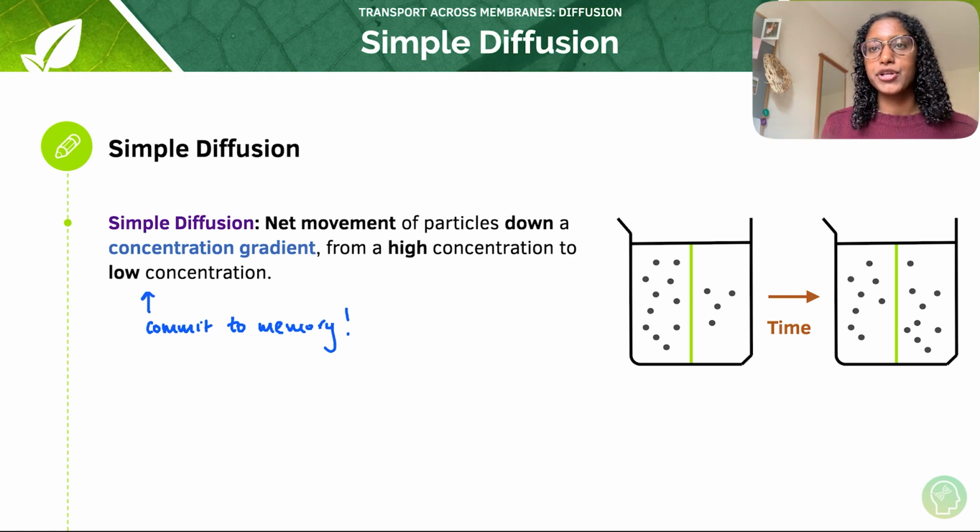So let's start by having a look at this concentration gradient thing. So let's have a look at this beaker that we have. This is our semi-permeable membrane.